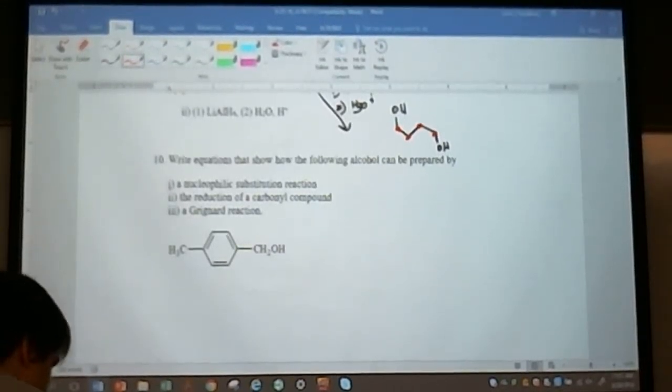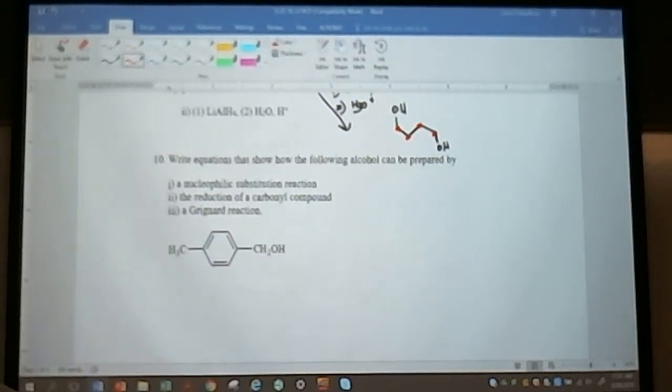The second way of making this alcohol, I want you to reduce a carbonyl compound. And the third way to make this alcohol, I want you to use a Grignard reaction. So go ahead and make this alcohol in 3 different ways.